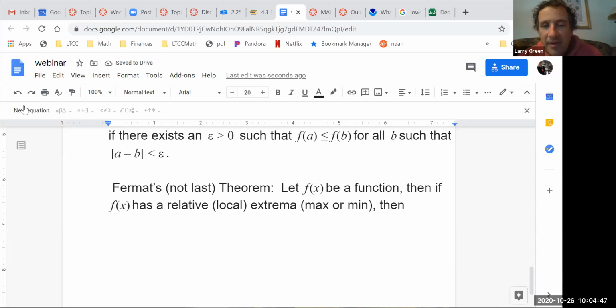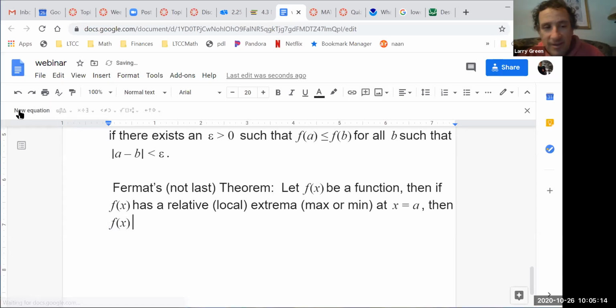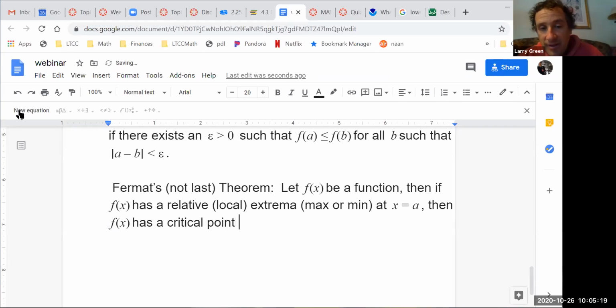At x equals a. Then, what do we know? It's what I mentioned at the very beginning, in the first 10 minutes. f of x has a critical point at x equals a.